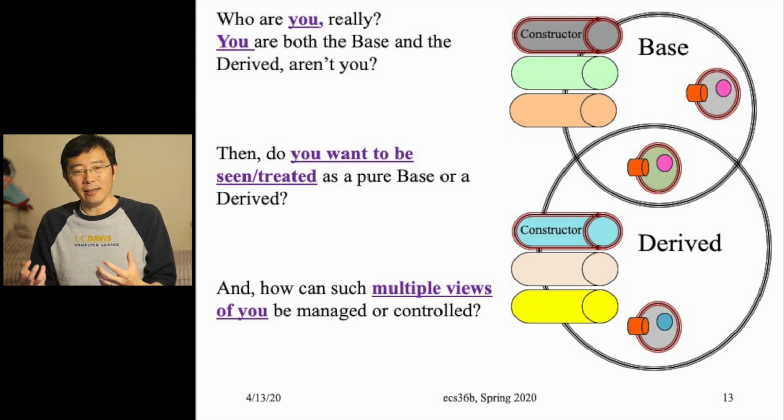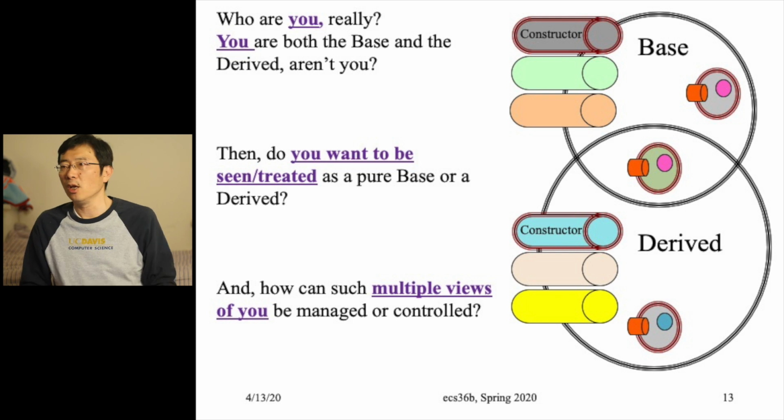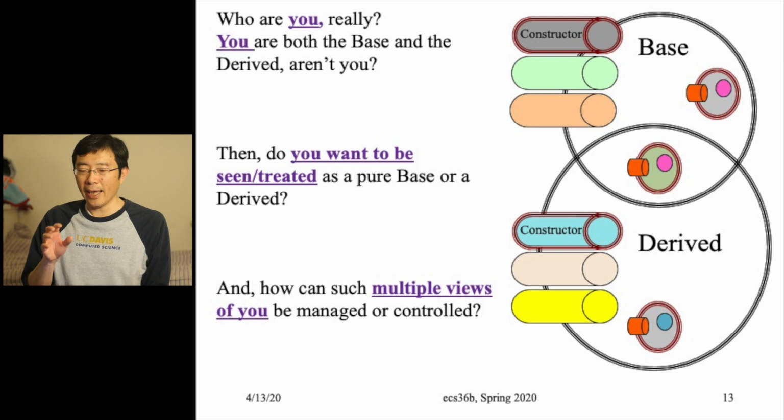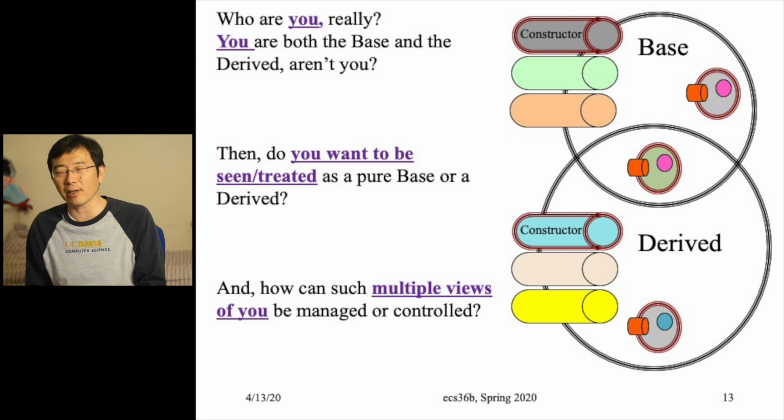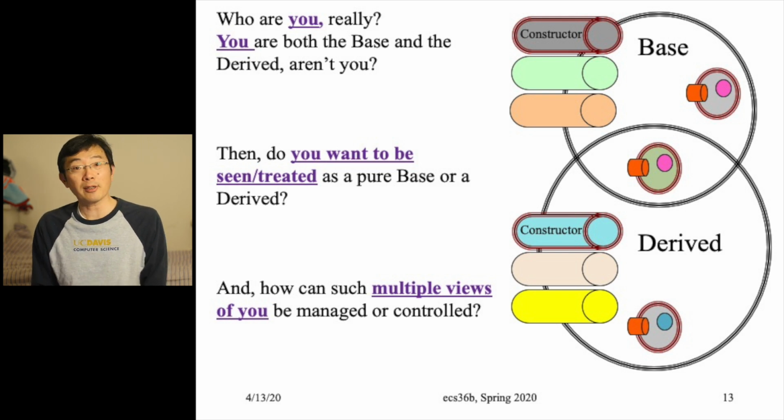And the thing is, it's not as simple as saying that when we are in the context of the base class, we'll just behave like every single base object, and if we're in the context of the derived class, then we'll just behave like a derived class. That works sometimes, but it might not work in a lot of situations. For example, we're all members of UC Davis, but I'm also a teacher, and you're a student.